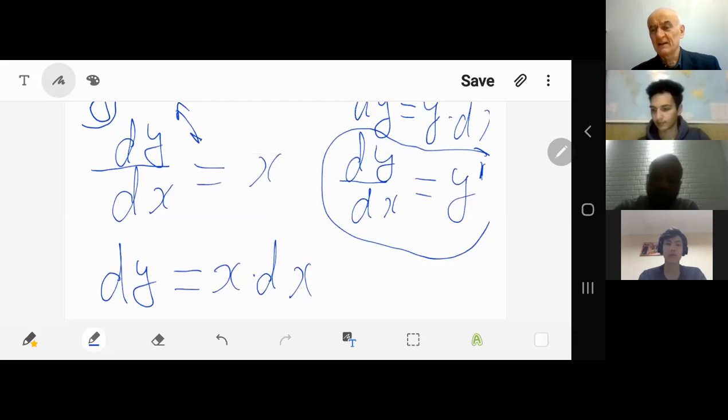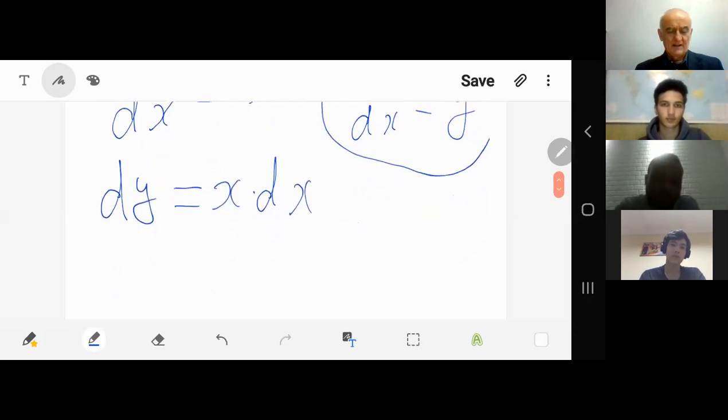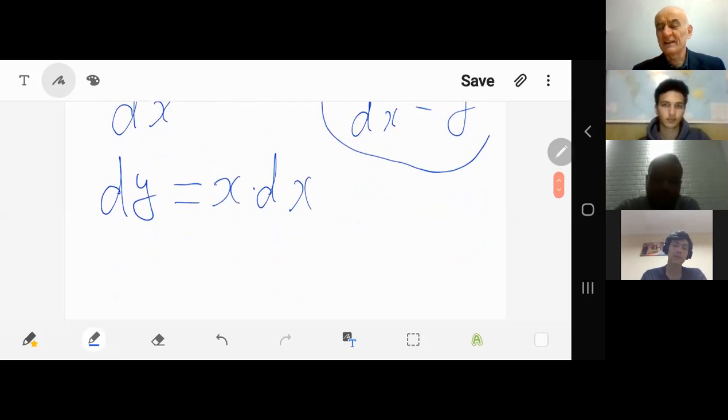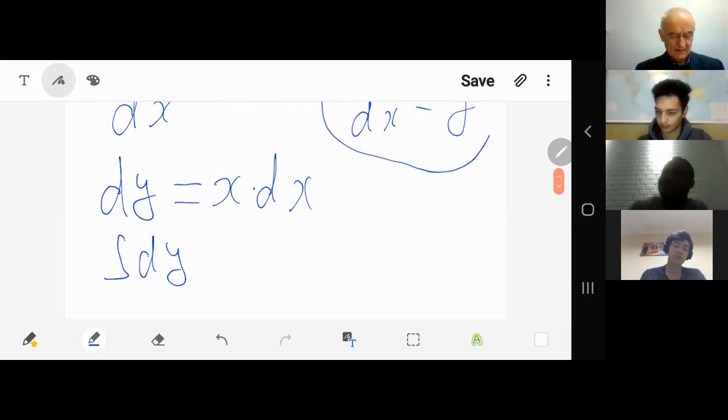I multiplied both sides by dx. Now I will take the integral of both sides. Integral of dy equals integral x dx.